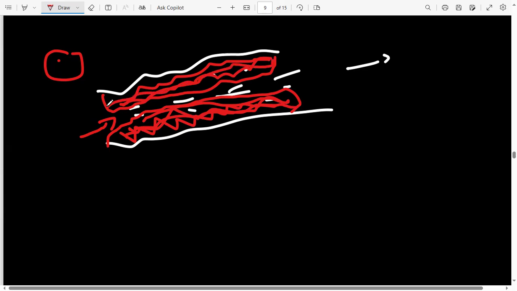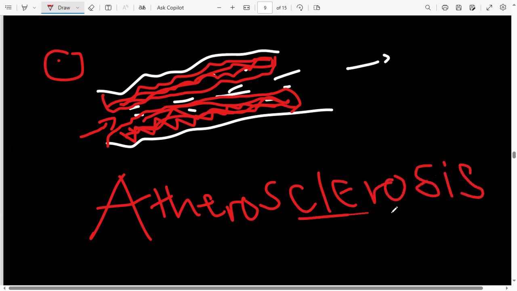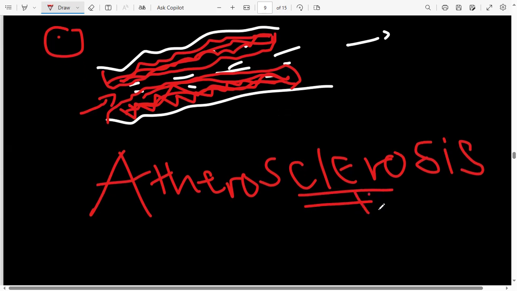This condition is very common, and it is called, let me just write the name because I fail to pronounce it sometimes, atherosclerosis. You can pronounce it in any way that helps you remember the spelling. This is the condition where the fats or cholesterol start building up in the arteries. It's called atherosclerosis.